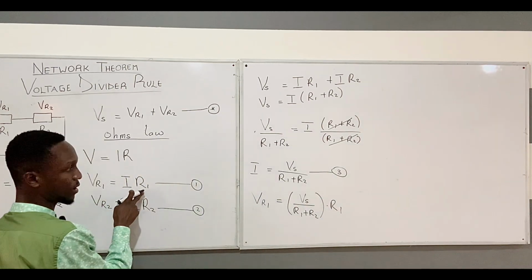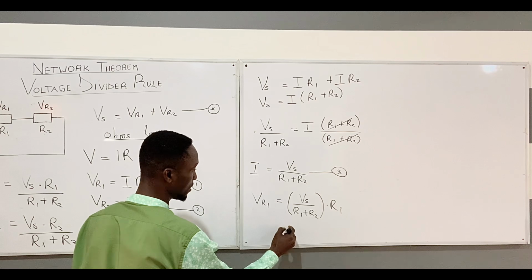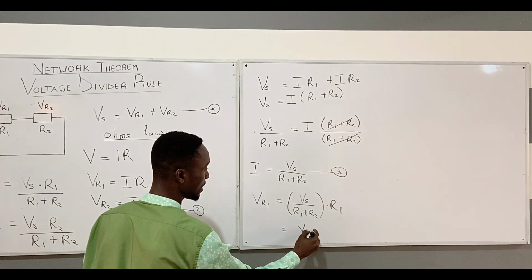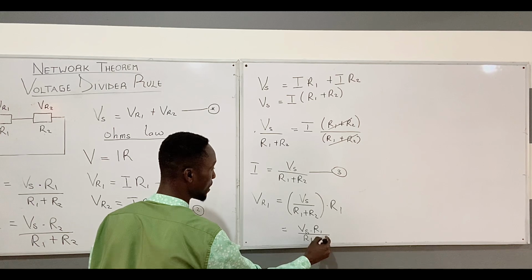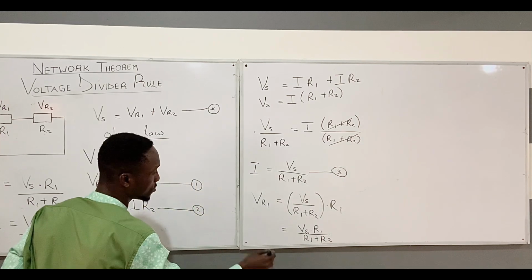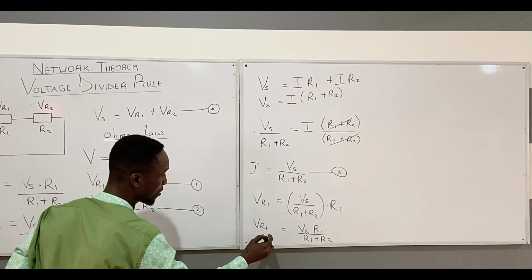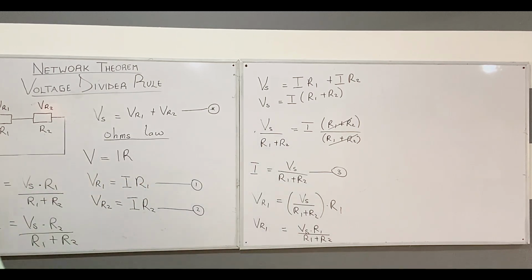Now when you solve this, the equation becomes Vs times R1 all divided by R1 plus R2. So this is V R1.